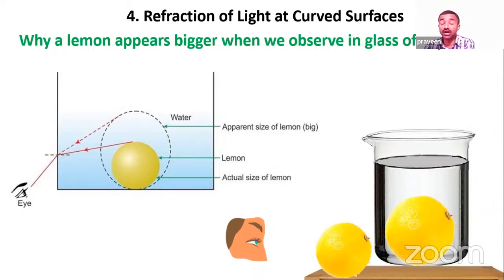That image we are viewing, not the object. So the improved size that we are observing is the image of the lemon. The size is changed due to refraction of light.